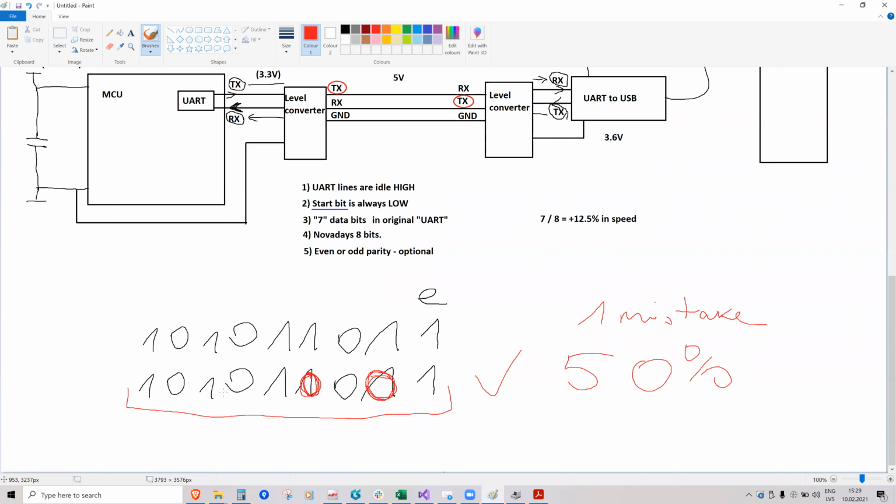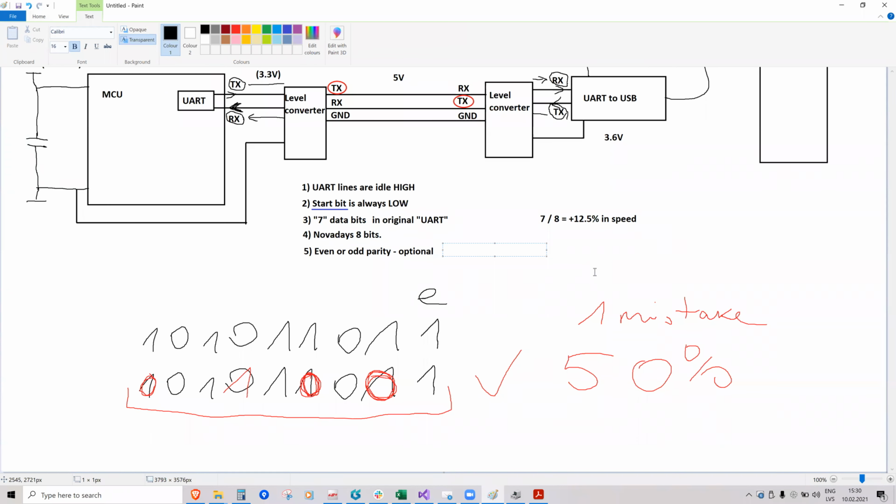And if, for example, one of these zeros becomes 1 and the other one becomes 0, I have 2 different mistakes, but the parity will be calculated as if it was correct, and the mistake wouldn't be detected. As a result, in most modern architectures that I know, parity isn't really used.